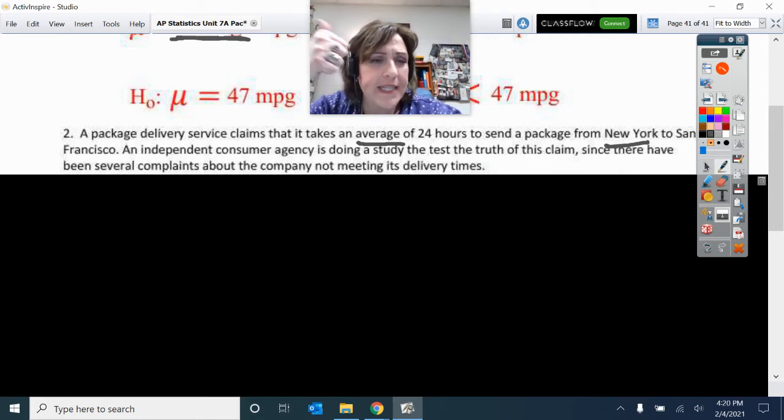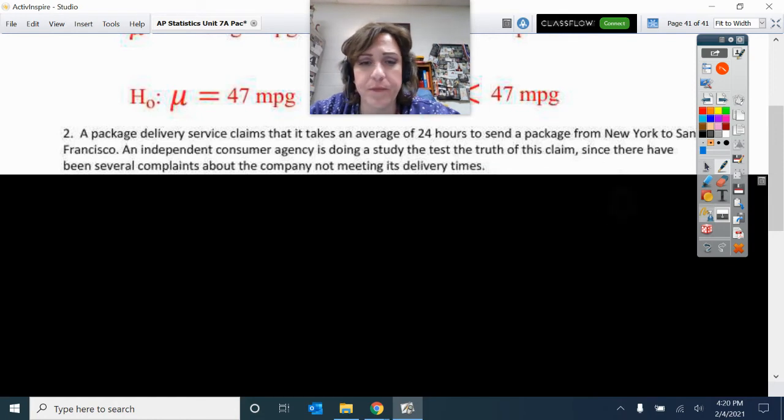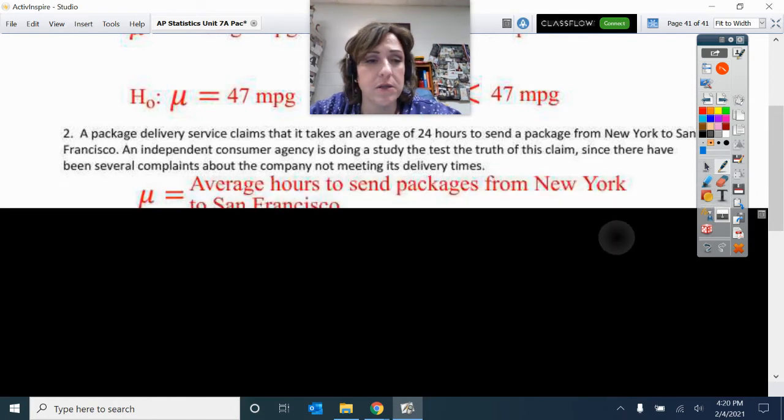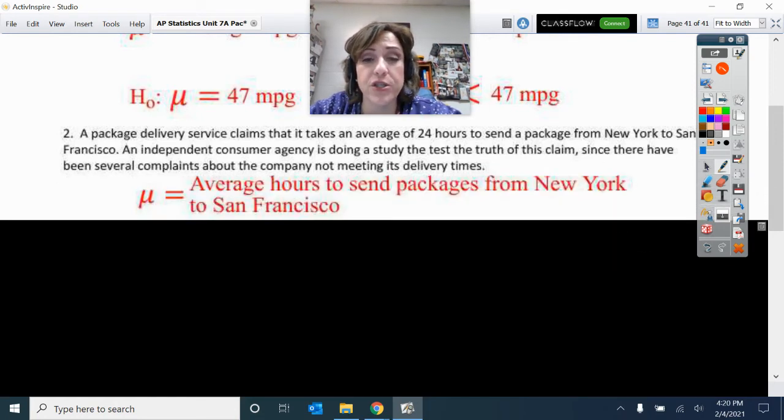Now, probably need to say something about it's this delivery service, and it's about the time it takes to send a package from New York to San Francisco. So I want to have those things in there. Okay, let's see. Mu equals average hours or the average time to send packages from New York to San Francisco.